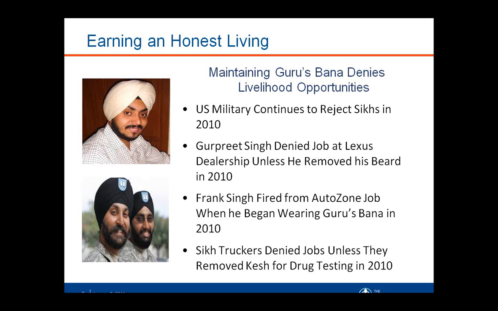Next, I'd note that we have a series of cases, and we haven't publicized this yet to the community, but a series of Sikh truckers in California have been denied jobs unless they remove their kesh for drug testing. And we've made the arguments here that, one, obviously a Sikh can't remove their kesh, but second, that drug testing can be done through a urinalysis or other means other than requiring one to remove their kesh.